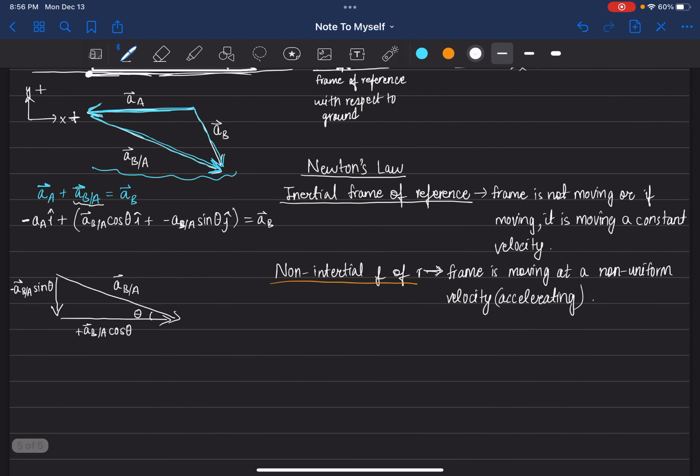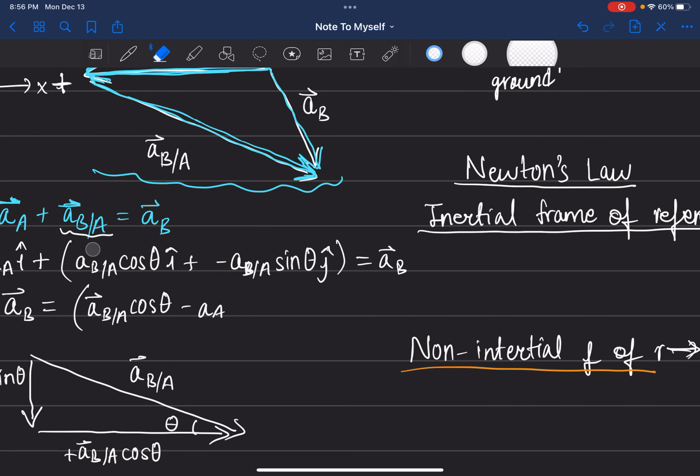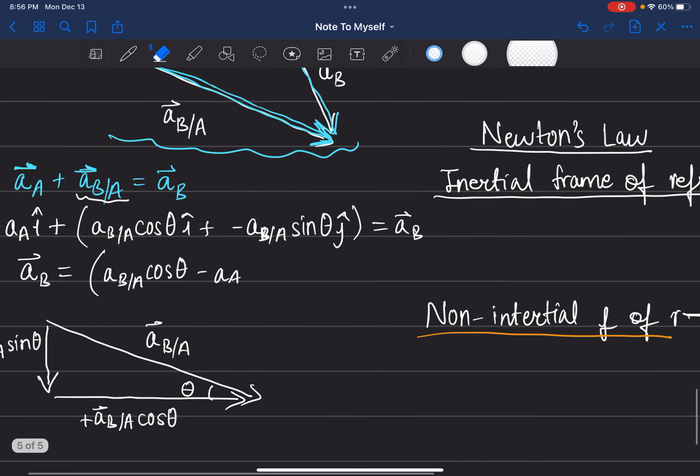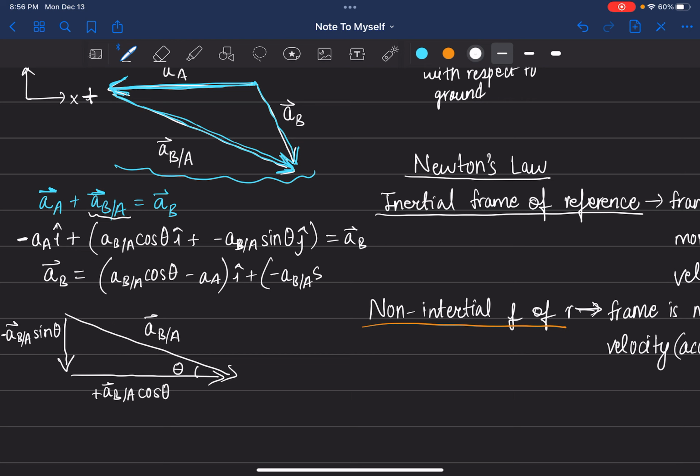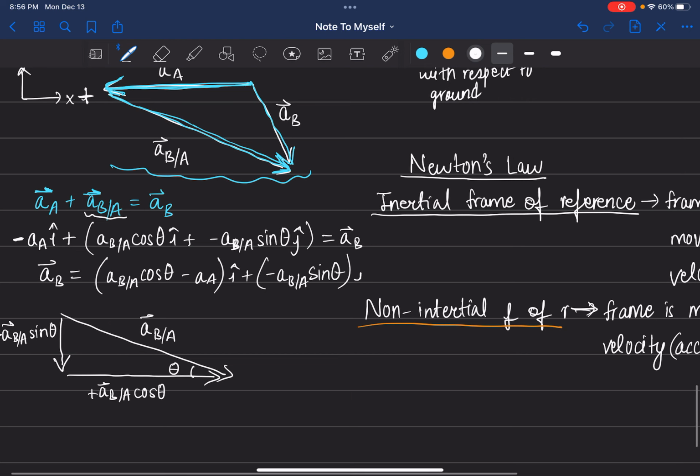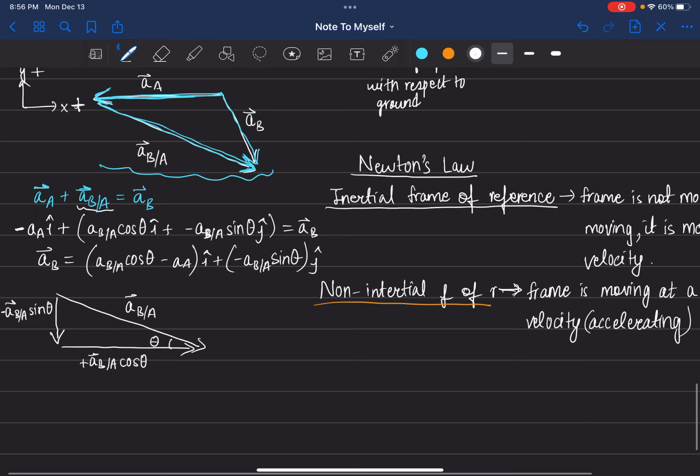So if I put this in a proper manner, I get a_B equals, I put the i hat components together, a_B/A cosine theta minus a_A. Oh, I should get rid of the vector sign here because I already took care of the direction and the magnitude, so no vector sign there. So this in the i hat, and then plus negative a_B/A sine theta in the j hat direction, right?